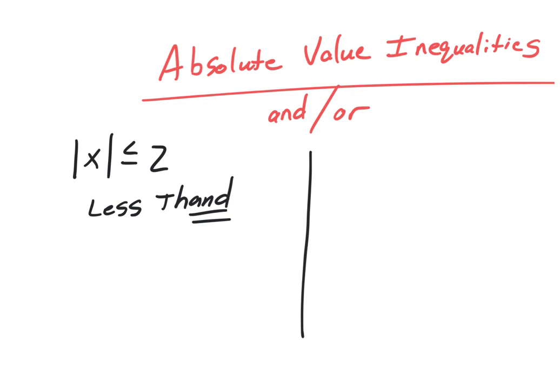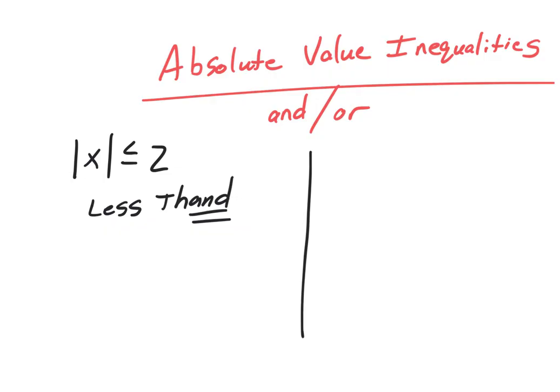If it's a less than symbol, I will use in between, okay? And that goes for either less than or equal to or just a less than symbol. The equal to doesn't really matter, okay? But if it's one of the less than symbols, we're going to always use and.